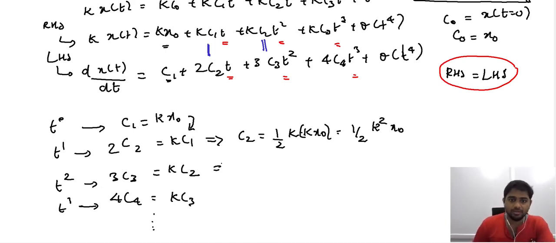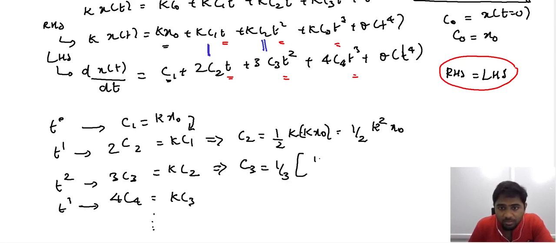Now we can substitute the C2 here so that we are able to arrive at an expression for the coefficient C3 in terms of the initial condition x naught. When we do that, we end up with C3 is 1 by 3 K C2.